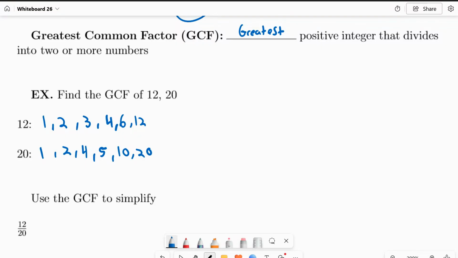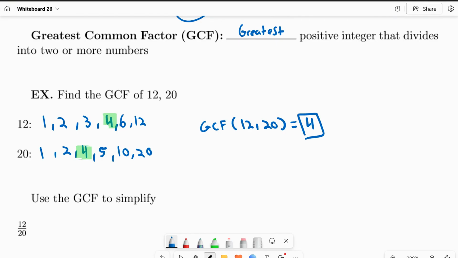So the greatest number that is a part of both of these lists would be 4. So similarly to LCM, we are going to format our answer the same way. So the greatest common factor of 12 and 20 equals 4. And that is how I want you guys to format your answers.